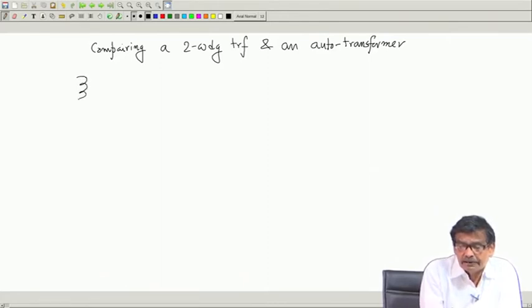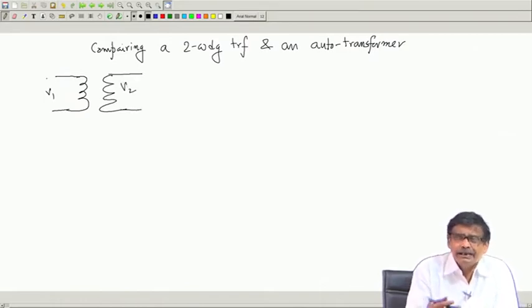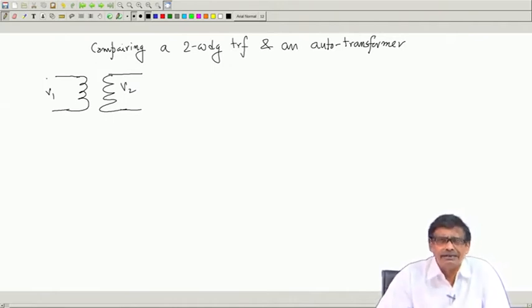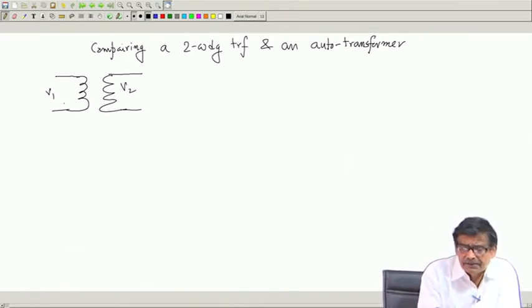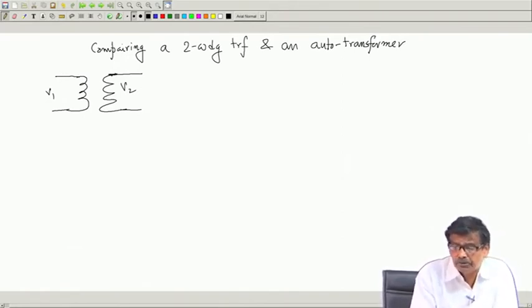your two winding transformer should do like this. V1, it must transform to a voltage V2, and we will neglect the no load current, that is pretty small, ideal conditions, to understand the implications of which one to choose.